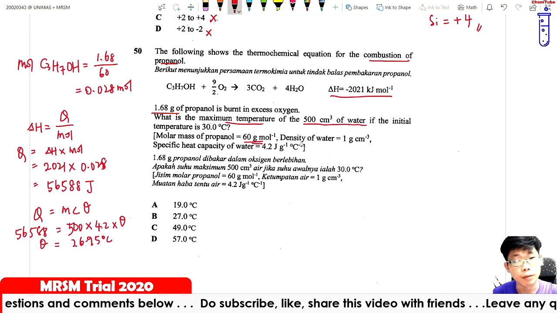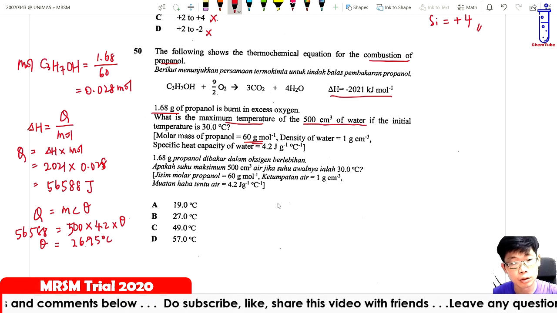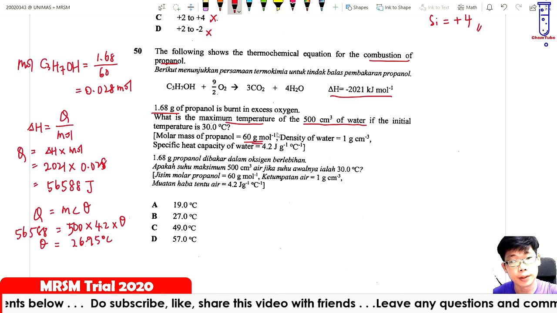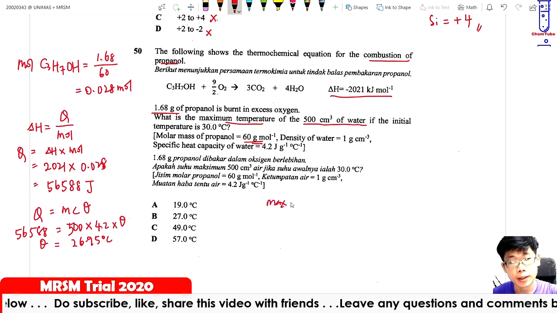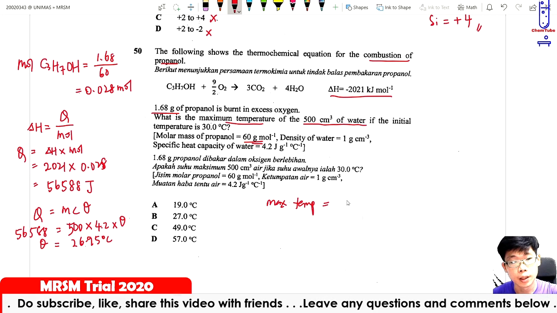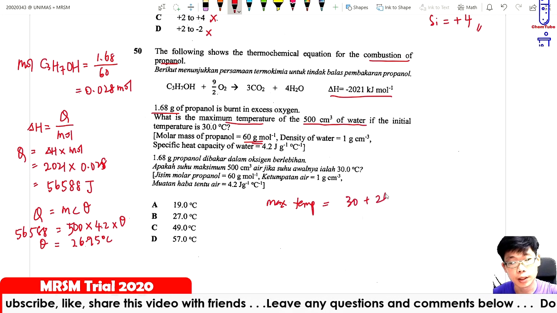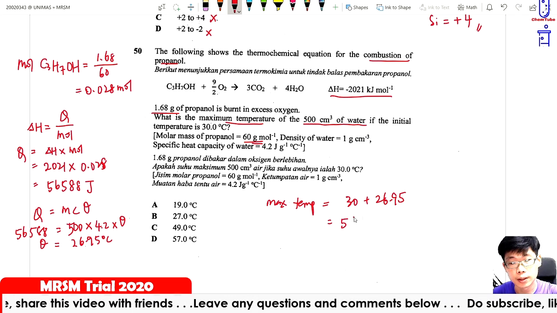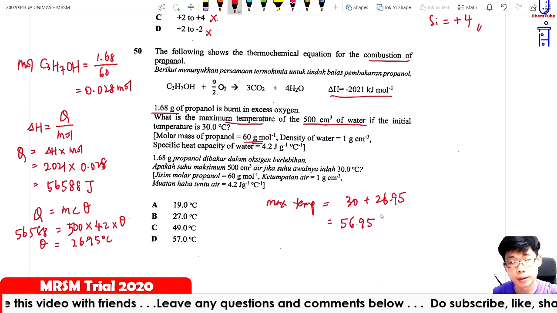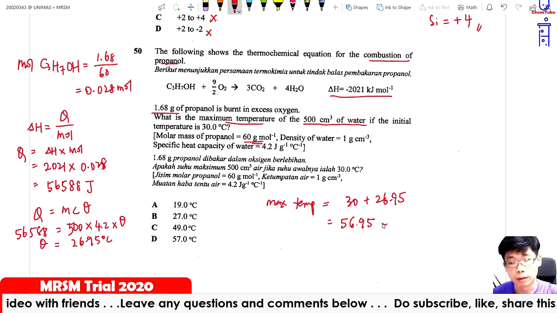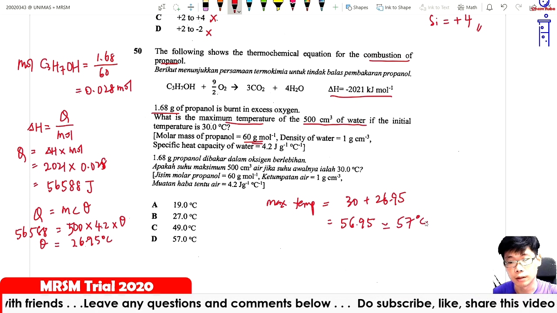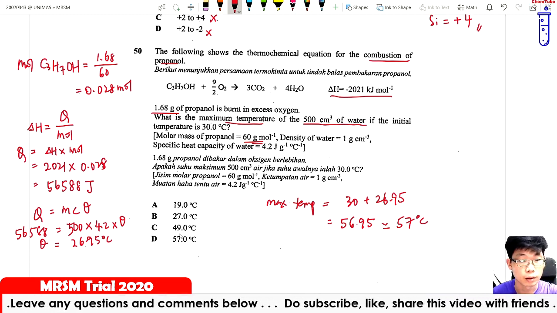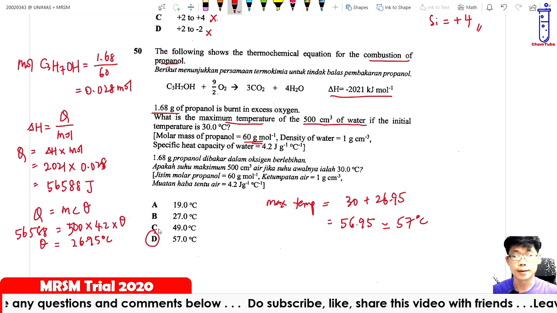So if the initial is 30, the maximum temperature is 30 plus 26.95, so it'll be 56.95, or roughly 57 degrees Celsius. So D would be the answer.